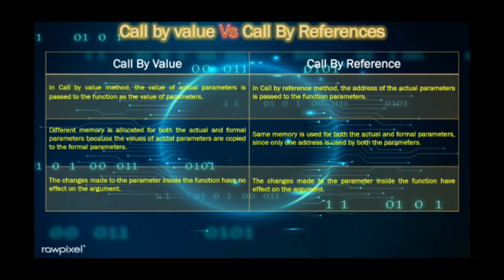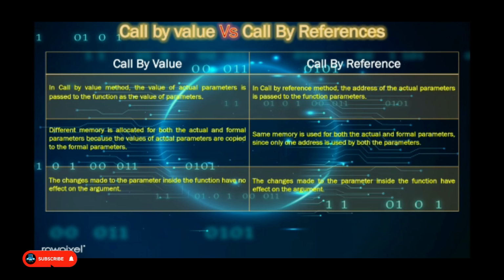The second difference is that in call by value, different memory is allocated for the actual and formal parameters, because the values of the actual parameters are copied to the formal parameters. In call by reference, the same memory is used for both actual and formal parameters, since only one address is used by both the parameters.